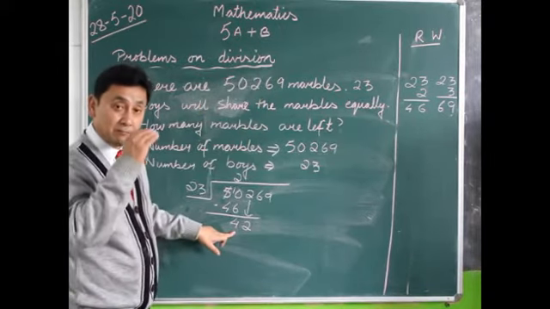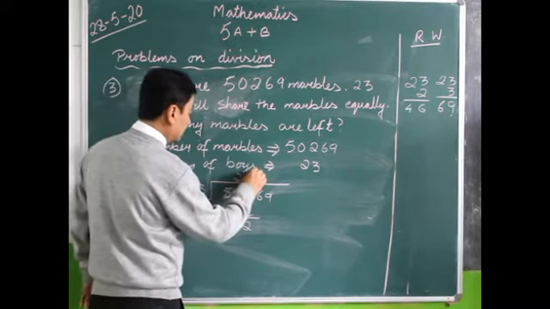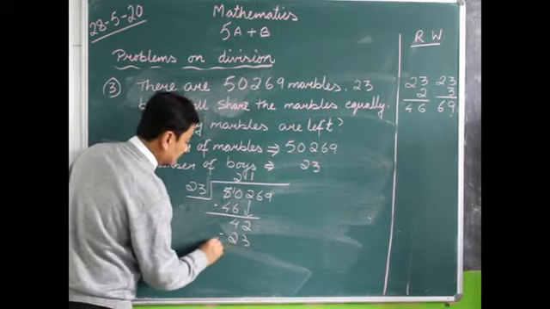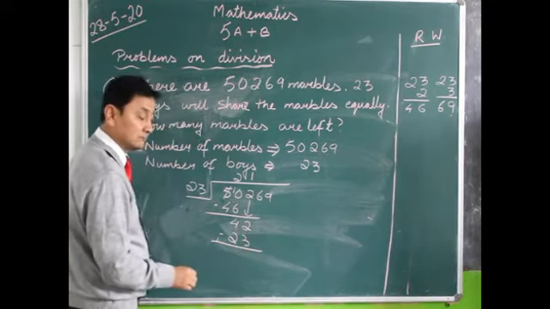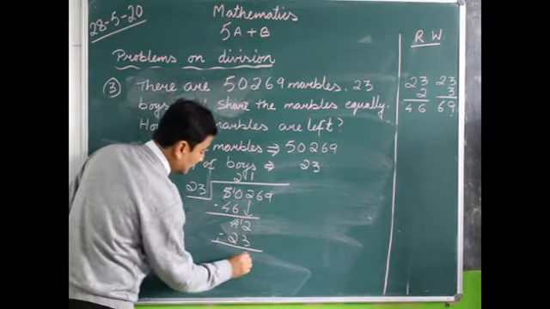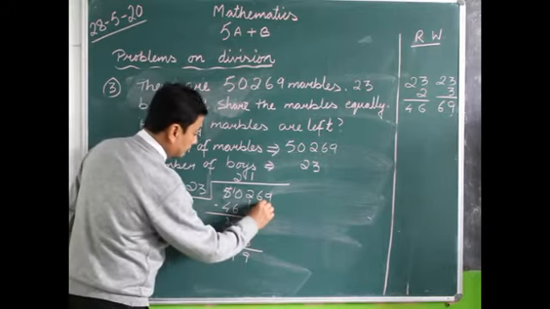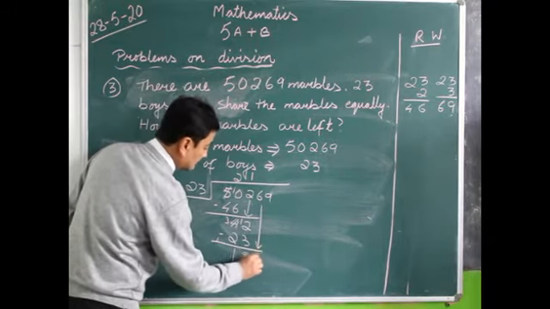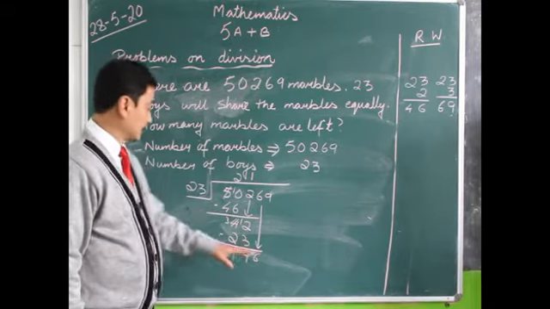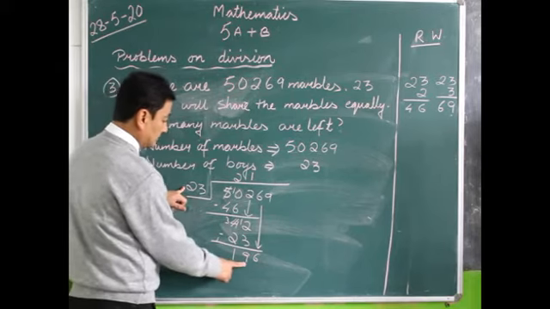No. So come down one number. 23 1s are 23. 2 minus 3, borrow, good. 12 minus 3, 9. 3 minus 2, 1. Bring down 6. How much do we have here? 196. 2 and 1. 2 is bigger, so we take 2 digits.